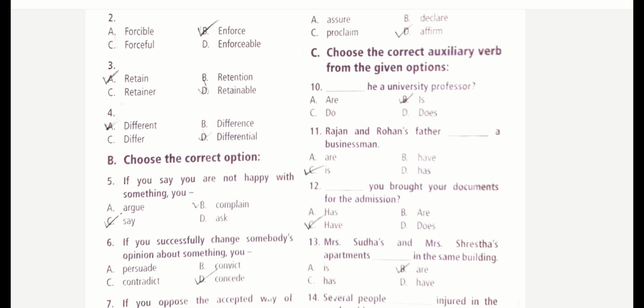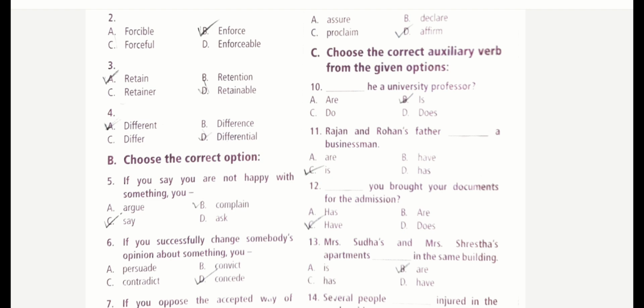If the sentence is a question and you are asking about someone's occupation, then is is the correct auxiliary verb to use. Okay, is is the present tense form of the auxiliary verb. The sentence structure, is he a university professor, is the common way to ask about someone's profession or occupation.